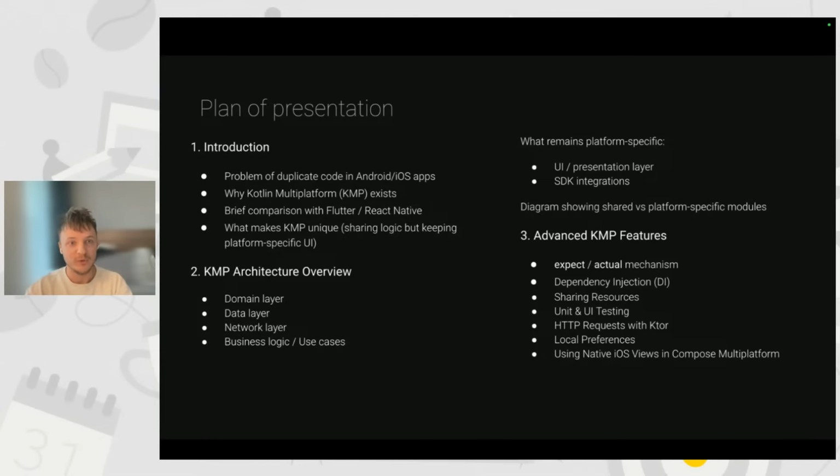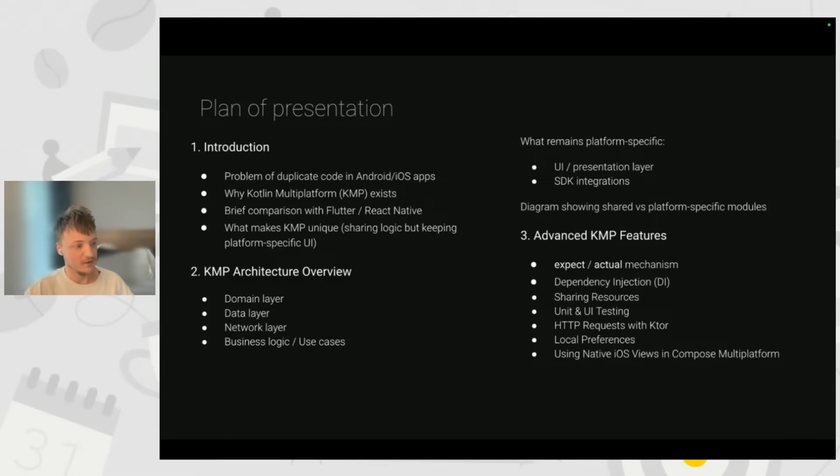So this is our plan of the presentation. Initially, we introduce the presentation, then we'll switch to theory, KMP architecture overview with advanced KMP features. It is highly important to describe some features before we dive into the real projects.